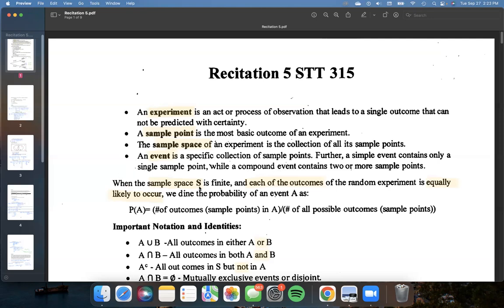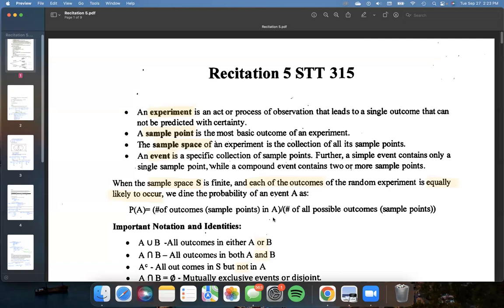When a sample space S is finite, and each of the outcomes of the random experiment is equally likely to occur, we define the probability of an event A as: the probability of event A equals the number of outcomes in event A, or the number of sample points in A, divided by the number of all possible outcomes, or the total number of sample points.